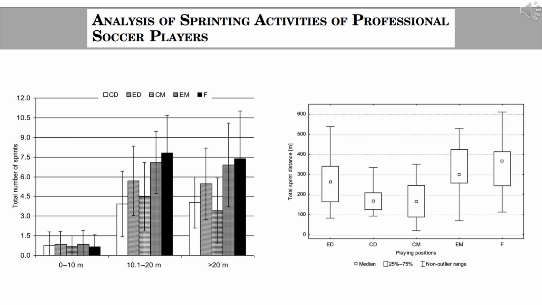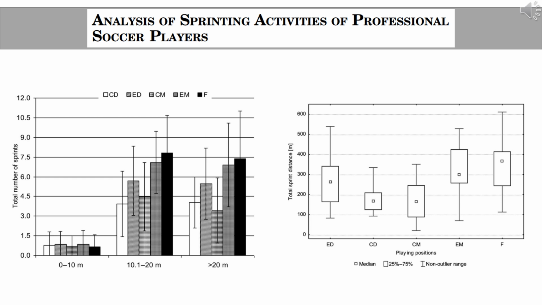So this is a study that looked at the prevalence of how much sprinting and in what volume or magnitude of distance sprinting occurs across the different outfield playing positions in football. So this is a total of 147 players included across 10 matches during the 2008 to 2009 and 2010 to 2011 Europa League competitions.